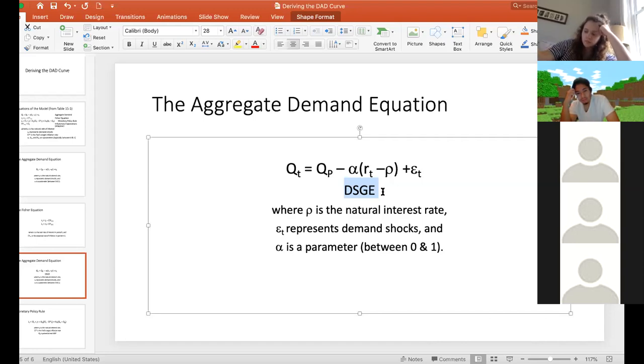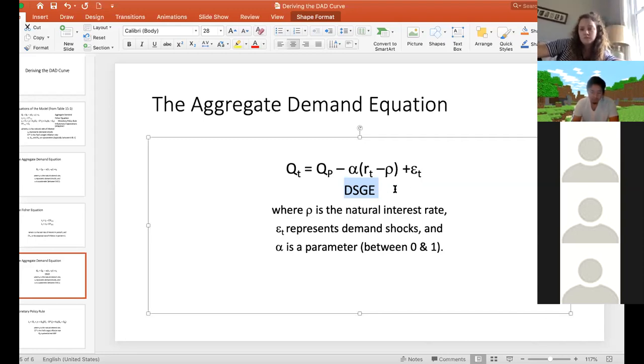The problem is, what's the problem? Is there a problem? Yes, there is. These are the models that failed to either predict or explain the Great Recession and the global financial crisis.